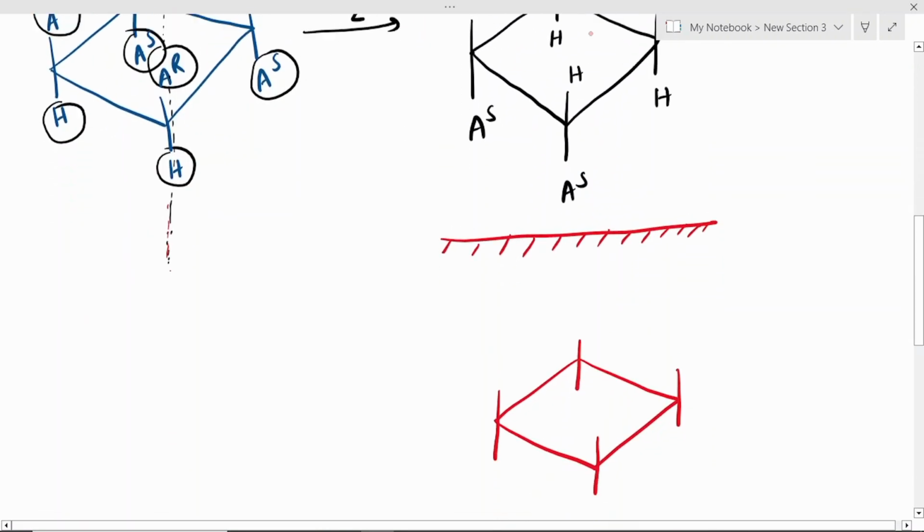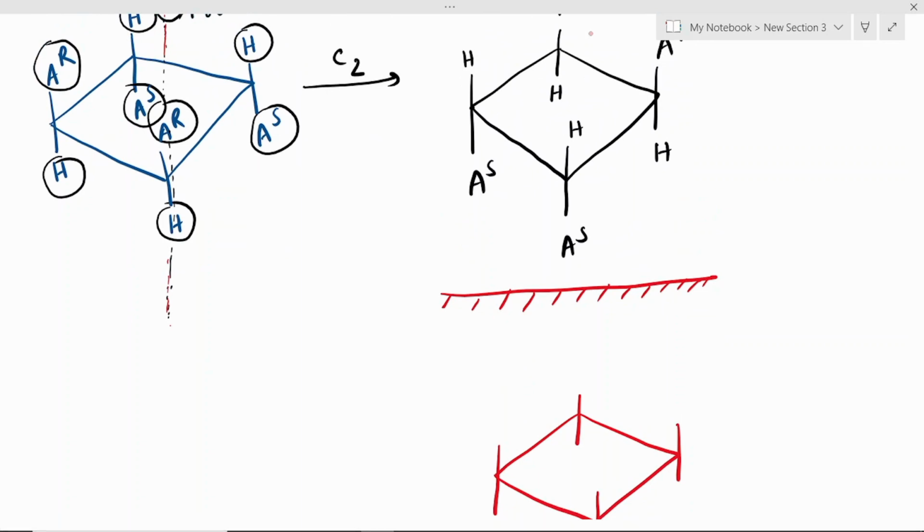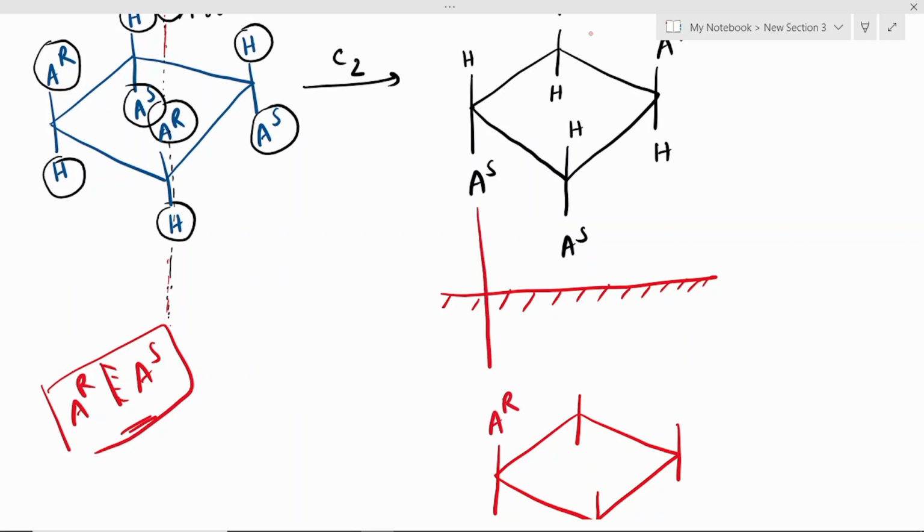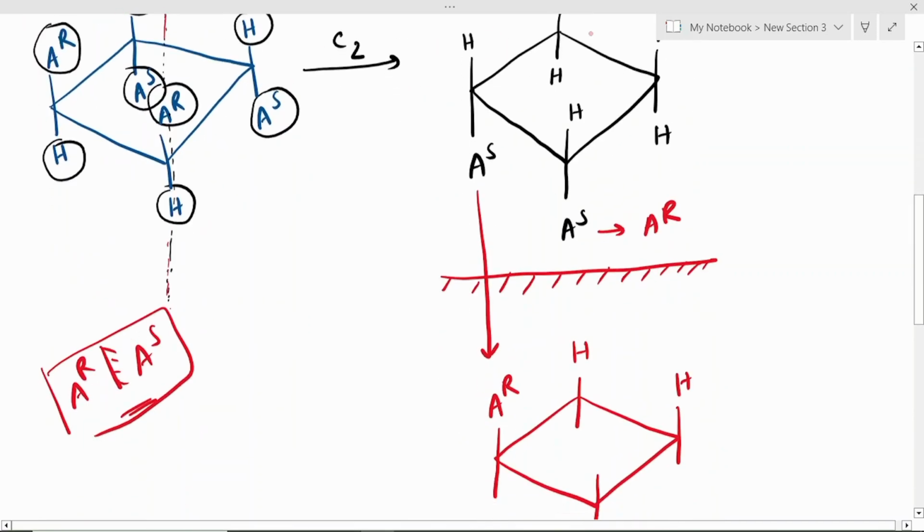So upon reflection, AS will be here, and we see that upon reflection from the first criteria, that was AR, AS. So upon reflection, it will be AR from this, and the hydrogen is here, and the hydrogen is here, and it will be converted to AR upon reflection.